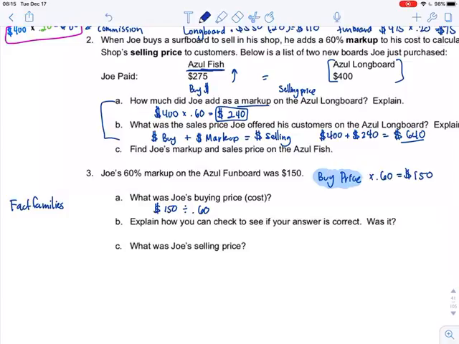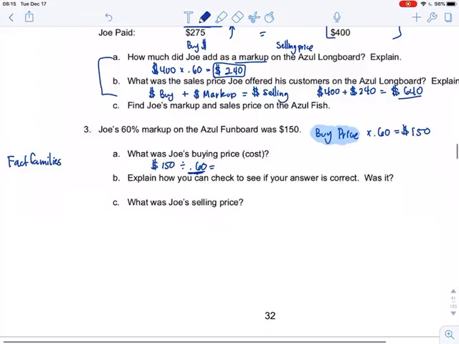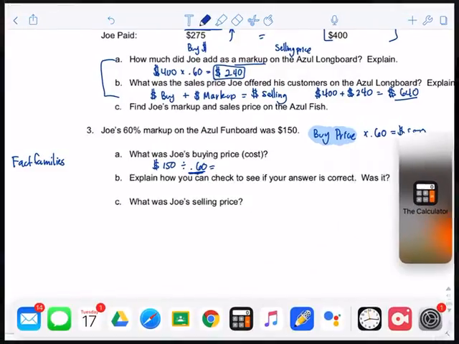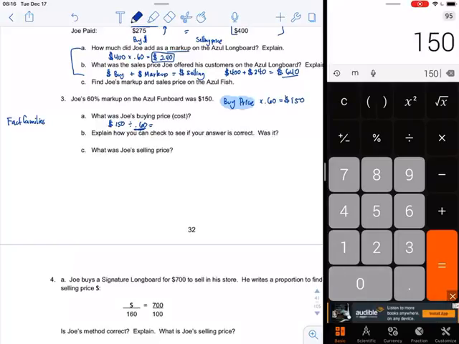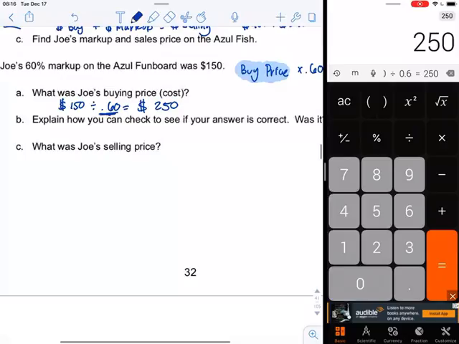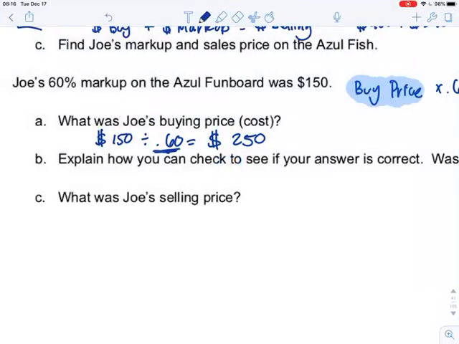Now, I know dividing usually makes things smaller, but when you divide by a number that is less than 1, it gets bigger. So $150 divided by 0.6, we get $250. So he bought this board for $250. This is his buy price.